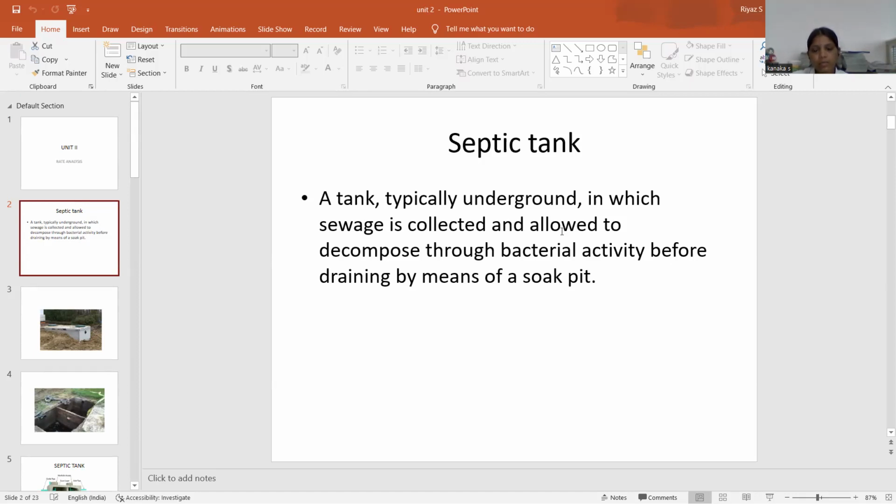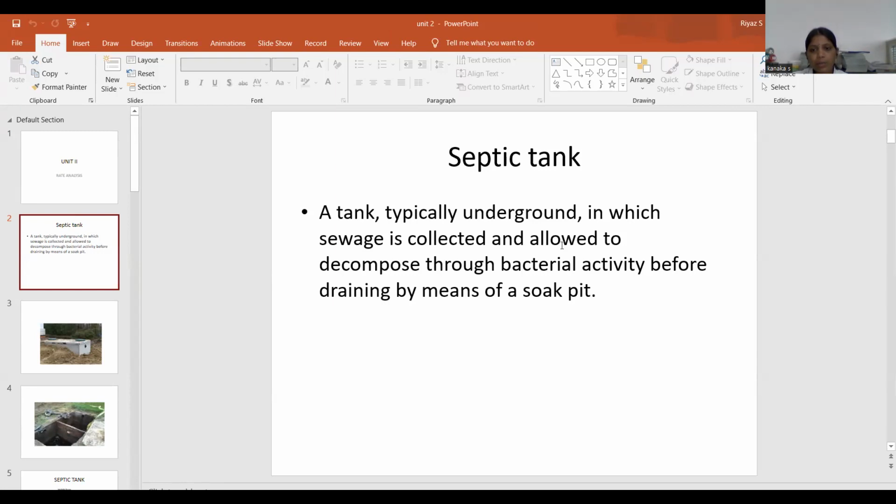A tank, typically underground, in which the sewage is collected and allowed to decompose through bacterial activity before draining by means of the soak pit. So how many quantities are required for the septic tank and the rate is analyzed.